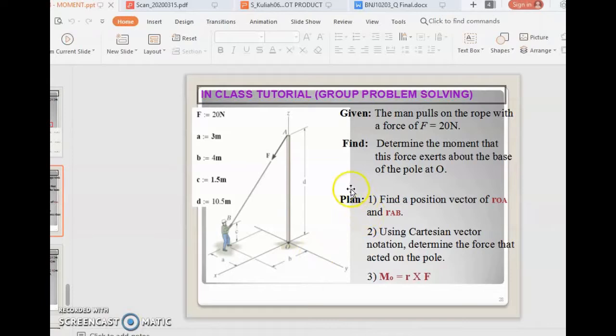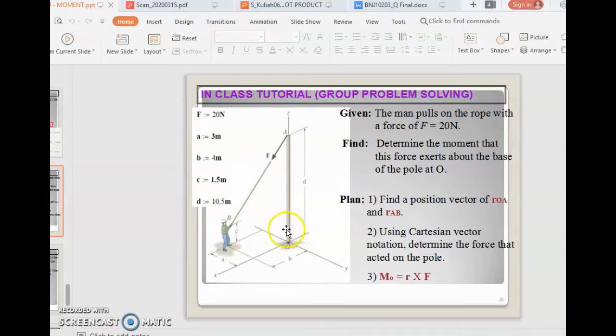Another question, you are given a situation like this. This is your R and this is your F. The question asks you to find the moment of the system.